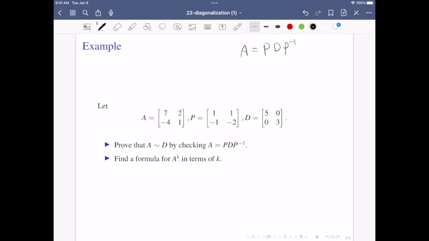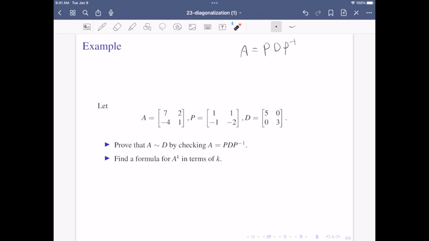Now this is the ultimate question, but to understand the concept, we give P and D, two matrices. You can verify that A can be diagonalized. In other words, A equals P D P inverse. The checking procedure is nothing but computation, so we are going to skip that.